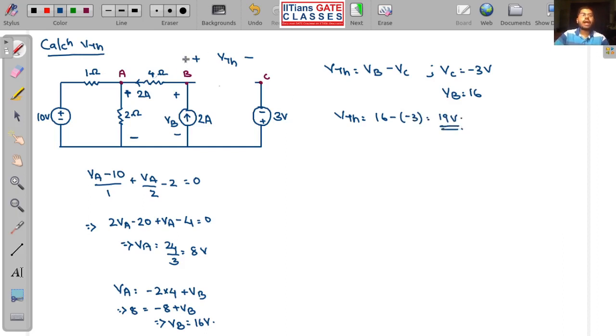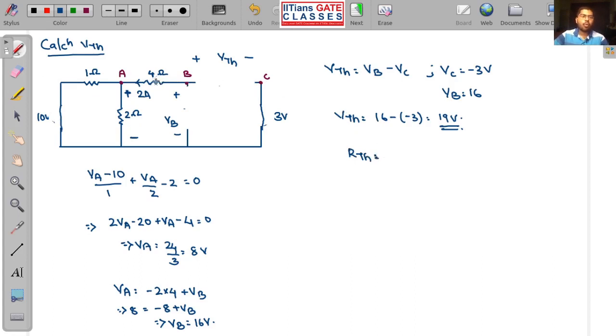Now what about RTH? So I am making changes in the same diagram. You can see what? This will short. This position is going to short. This will open. This is open. And this 10 ohm is going to short. Now what do you see? RTH is equal to what?